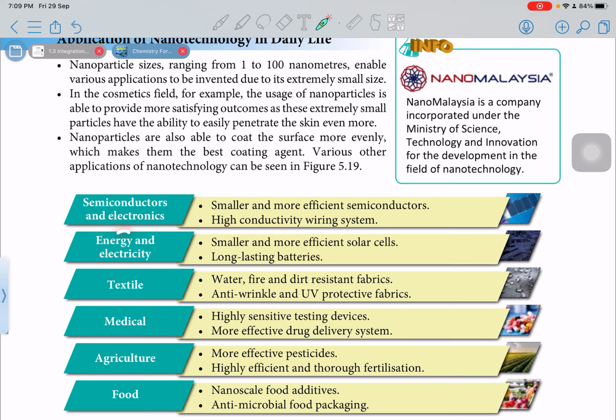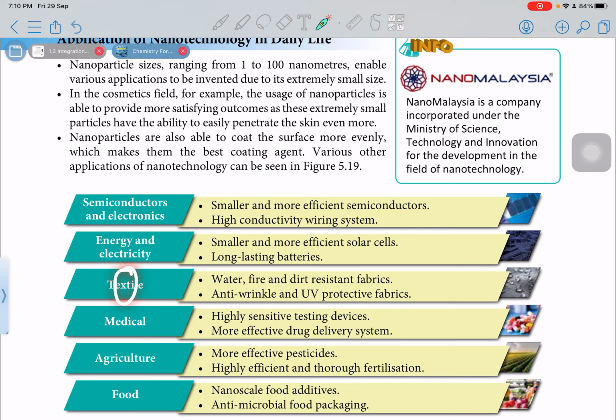Then energy and electricity pula is smaller and more efficient solar cell. And finally is long lasting batteries because of its size, just small and uses lesser energy. So because of that it will lengthen the life of the battery.